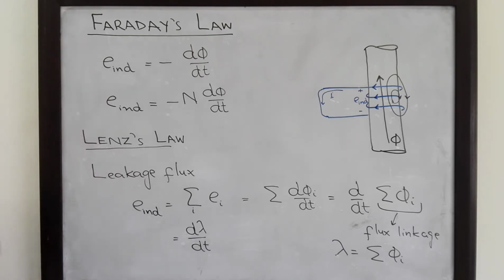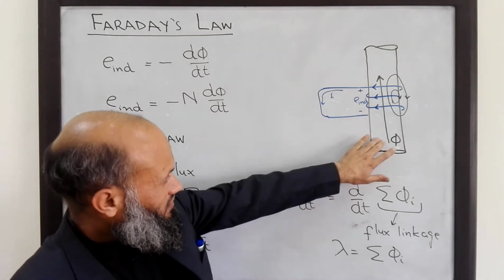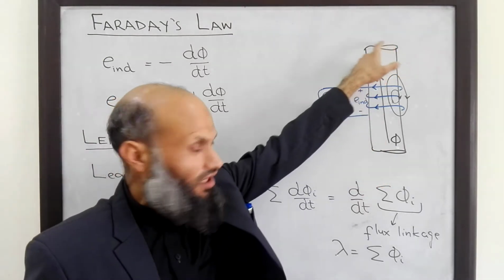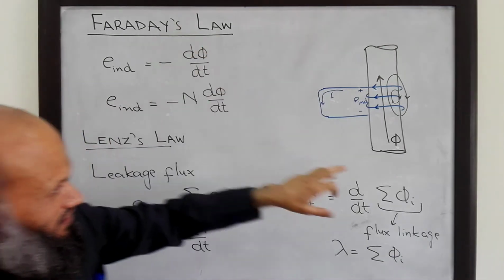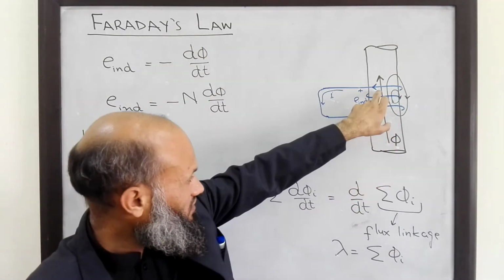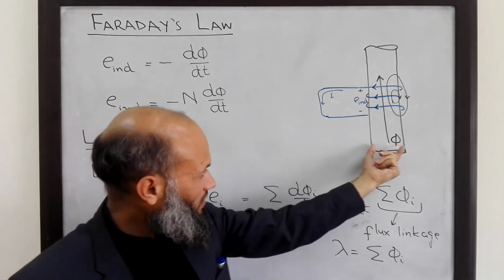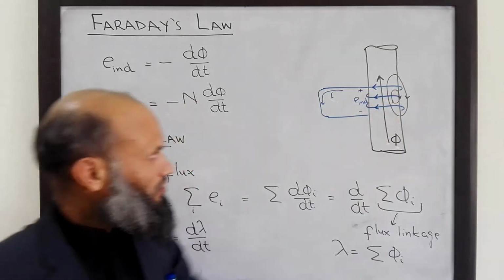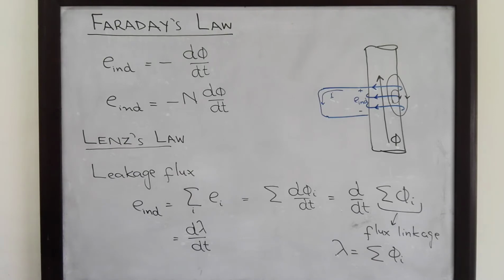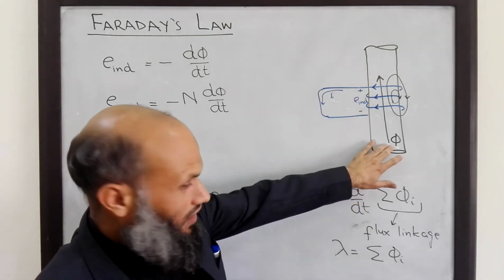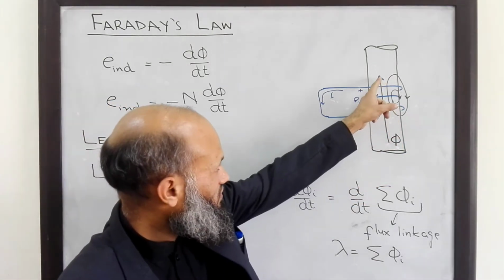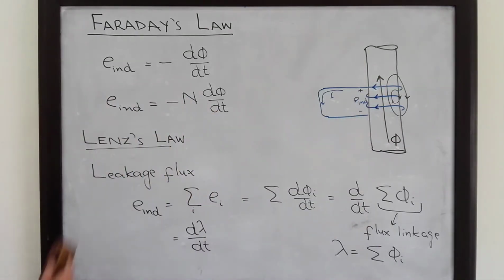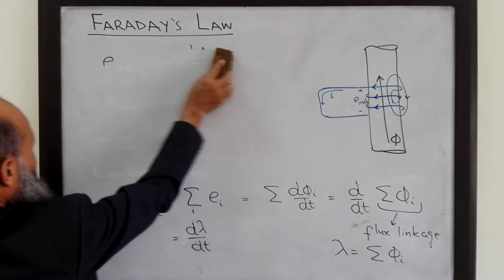With this description, now we are also able to talk about the eddy currents that we discussed in the last lecture. What we can see is that this core may also be a conducting material. That is, this flux not only links with the turns of the coil, but also links with the core itself. Therefore, this flux will also induce voltage in the conductor itself. So let's talk about the eddy currents.